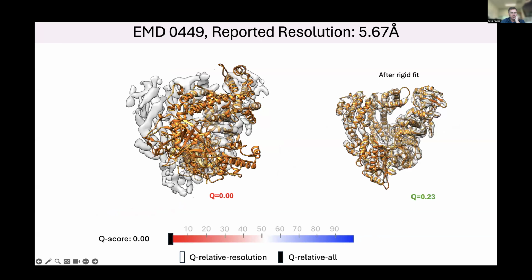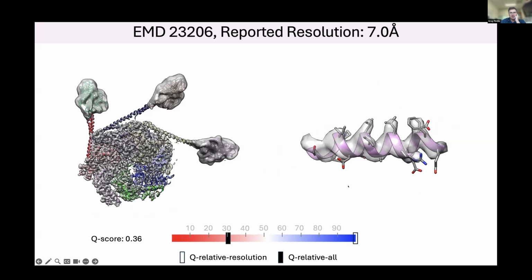This is another map and model from the EMDB where the Q score is close to 0 and is just an incorrect fit. And this is the other example I showed before, where the reported resolution is 7, but the map is actually higher resolution. In this case, the Q relative all is maybe 30%, so it's within the 30th percentile for maps and models in the EMDB.